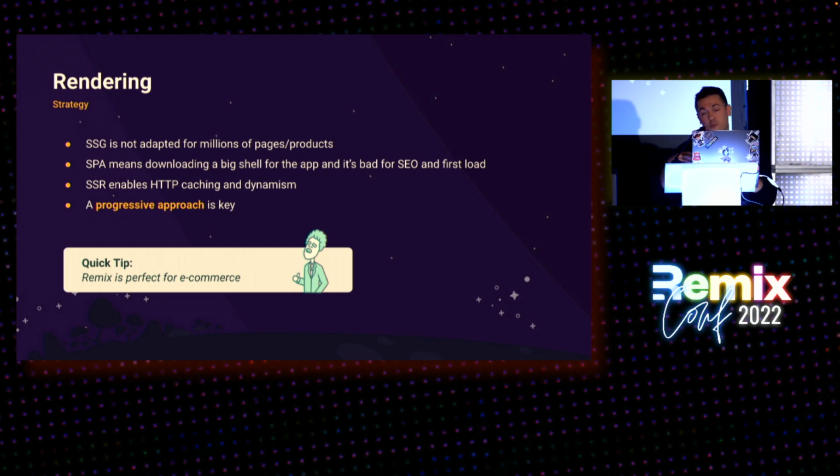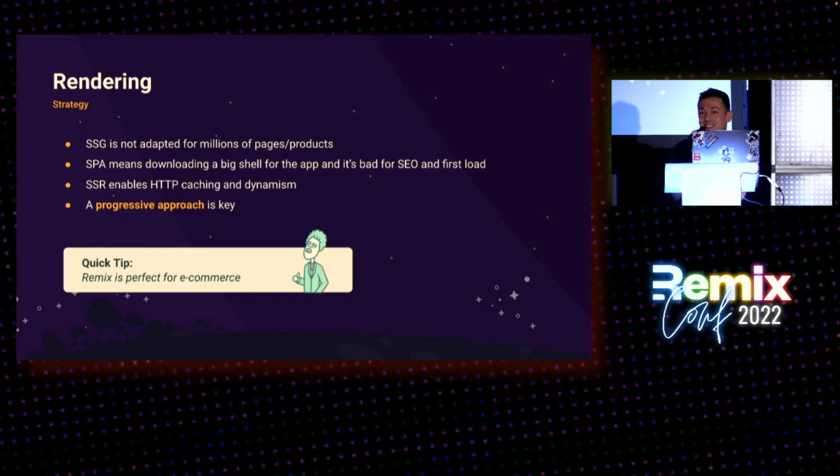Can you imagine having to rebuild your whole project when a stock is changing? SPA, on the other side, is bad for SEO, and you still have to load the full application at the first rendering. It's not great. Then we have SSR, server-side rendering, which enables HTTP caching.